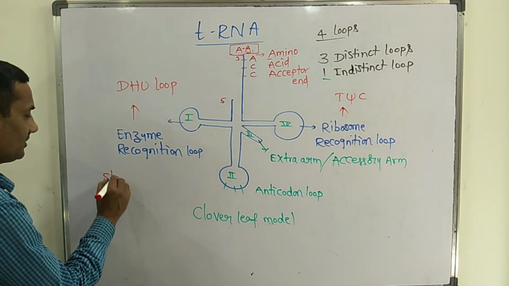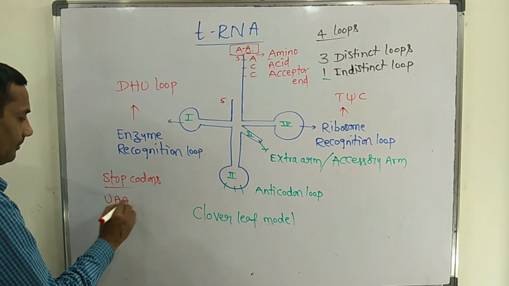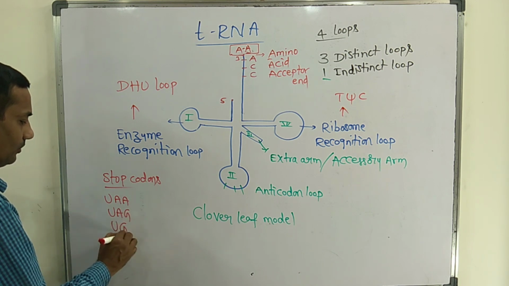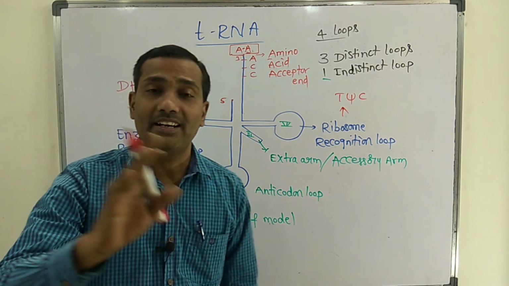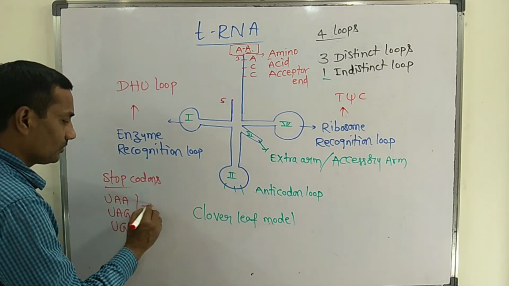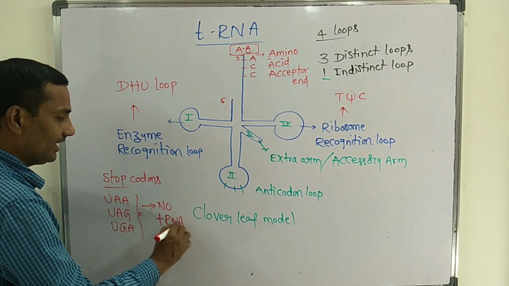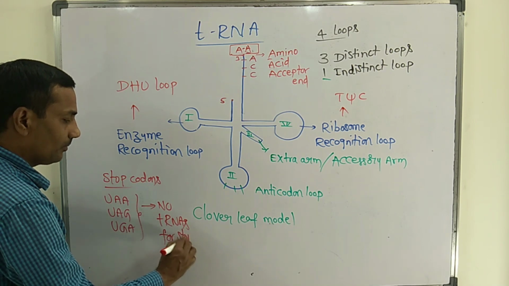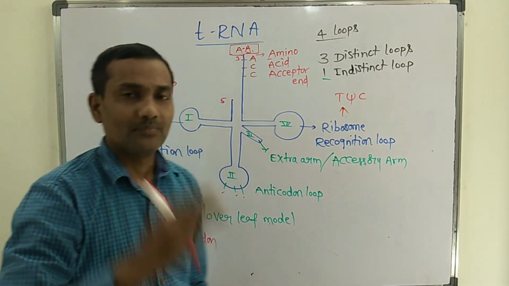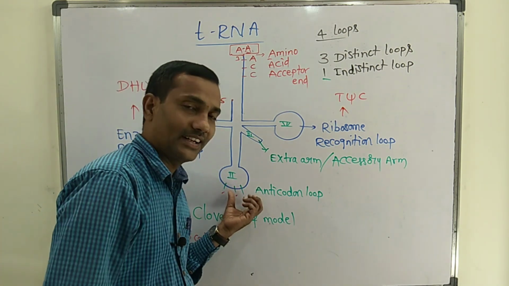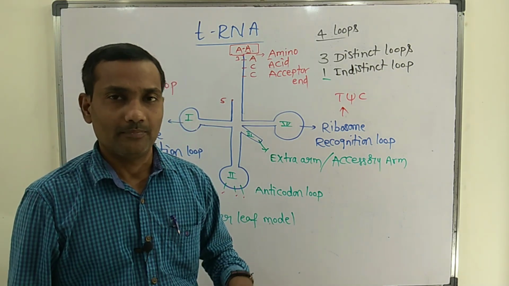There are three stop codons on the mRNA: UAA, UAG and UGA. The anticodon loop has three nucleotides exactly complementary to the codon on the mRNA.